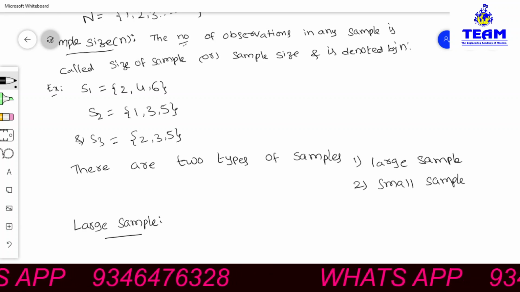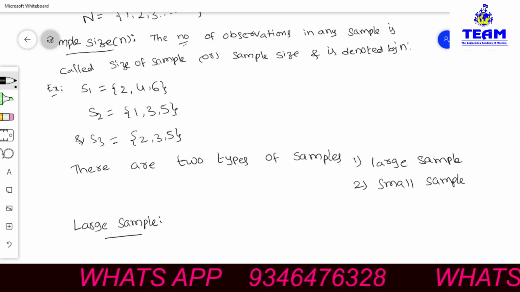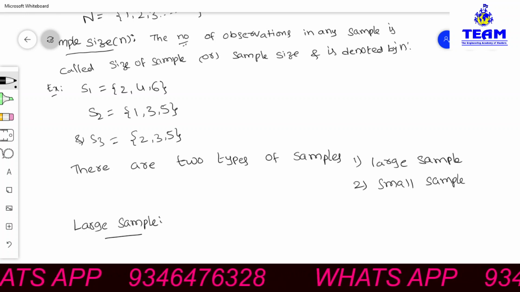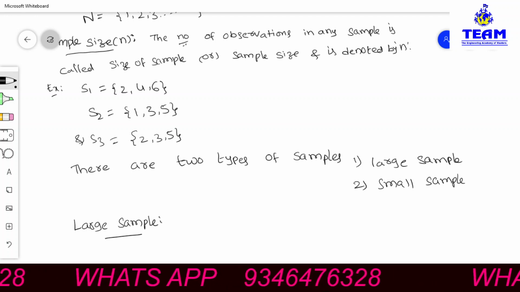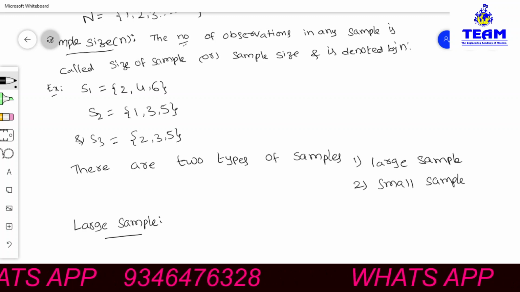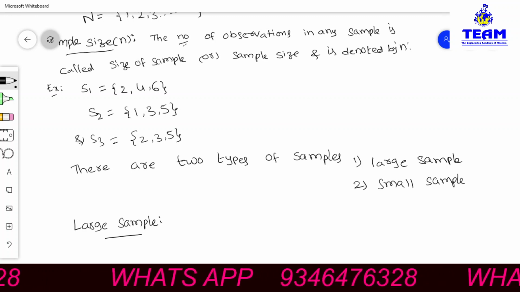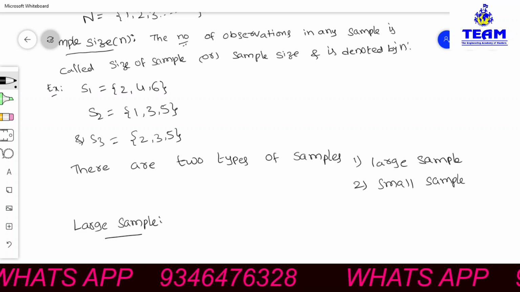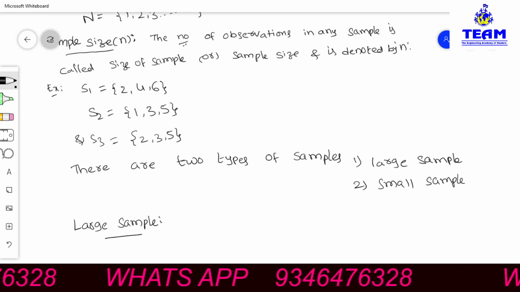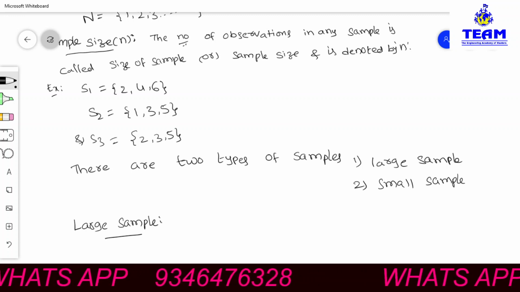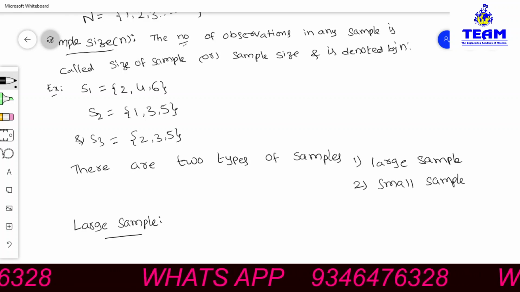If the number of elements in any sample is greater than or equal to 30, that is n greater than or equal to 30, then it is called a large sample.